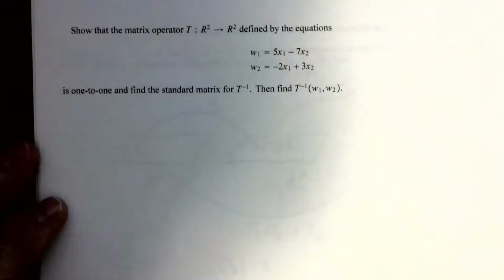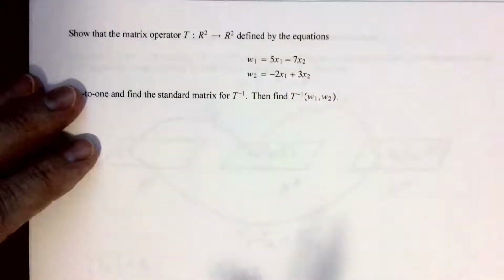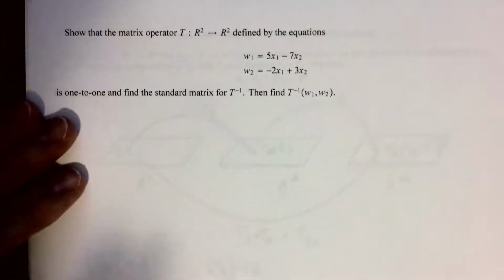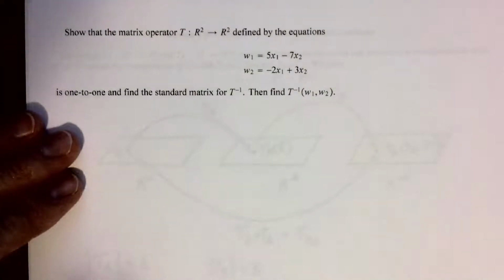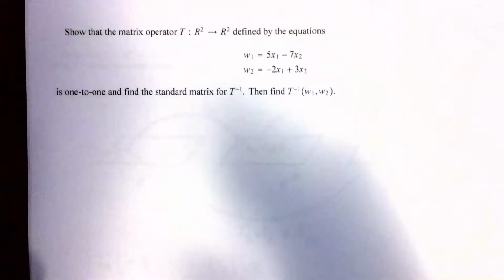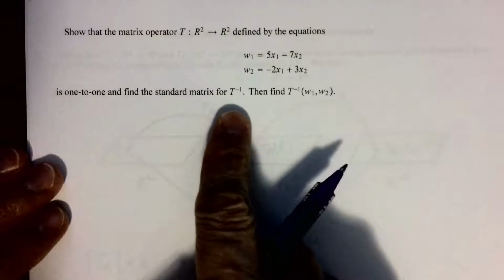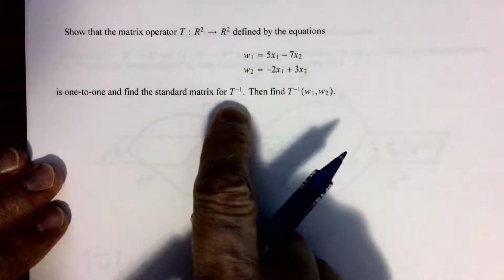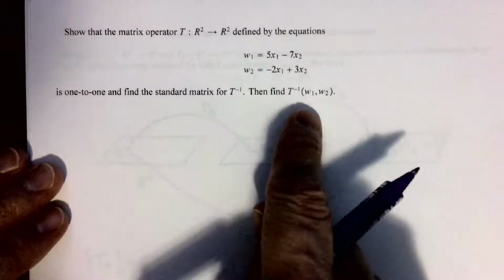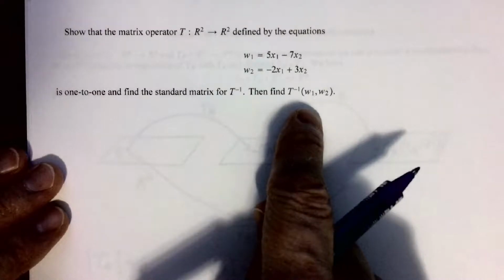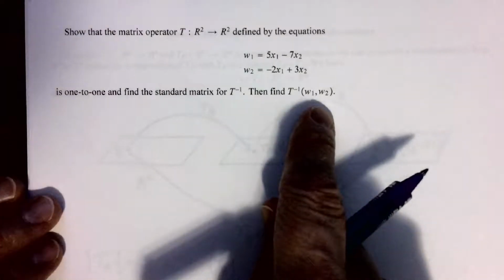So let's do these two examples and we'll be done. Show that the matrix operator defined by these equations is 1 to 1, and then find the standard matrix for the inverse transformation function. And then we're going to find the image under that transformation of W1, W2.